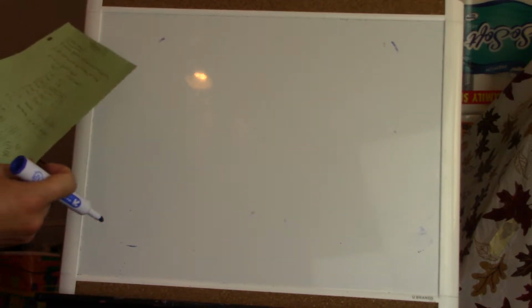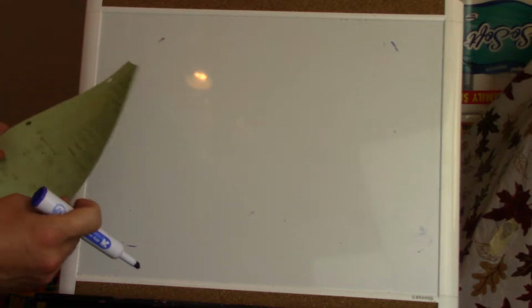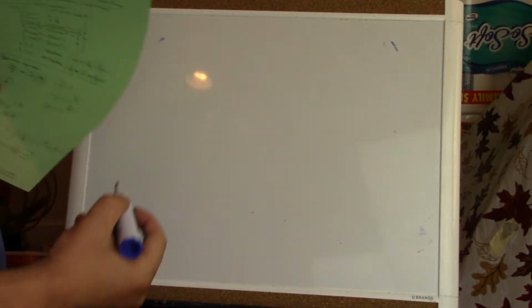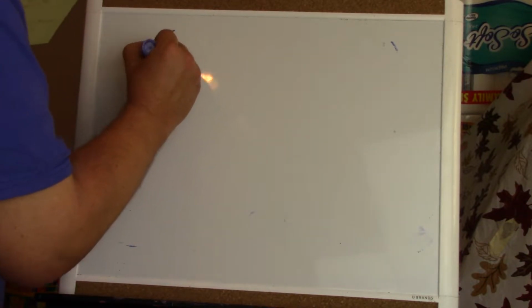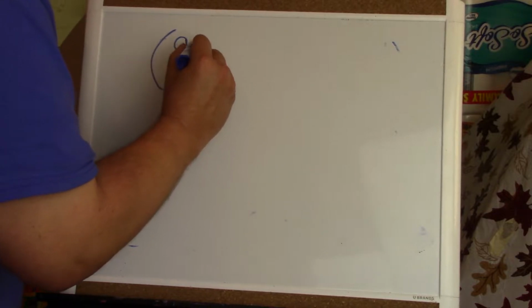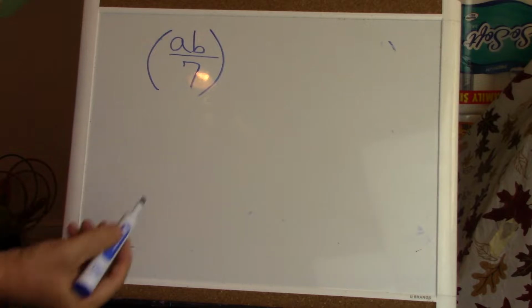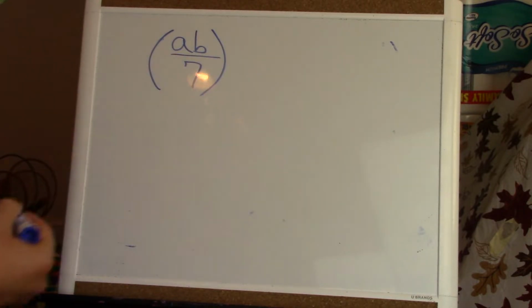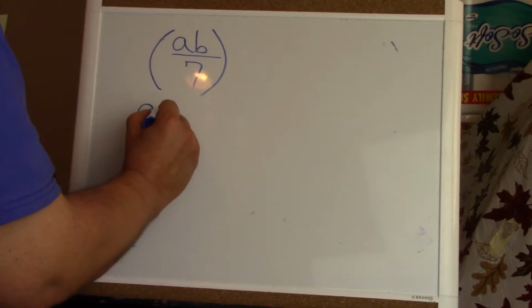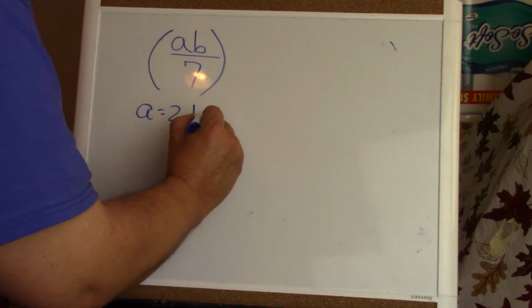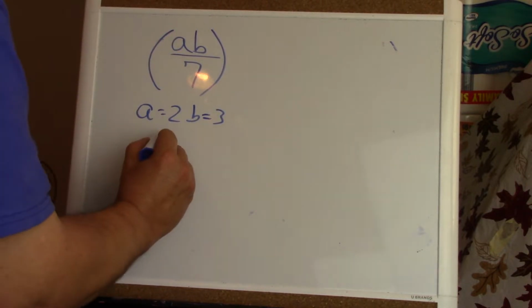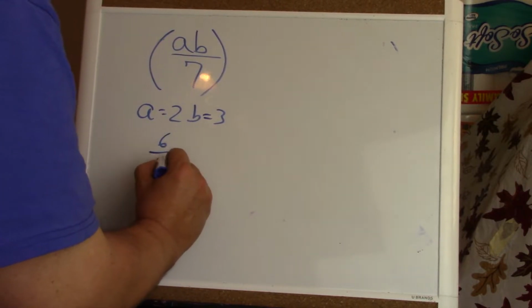Okay, so now that I've covered that, I'll cover a few simple rules for Legendre symbols. For example, if you have a composite number, let's just do ab. Let's just jump into examples. Let's say that a equals 2 and b equals 3. We already know the answer to this one.